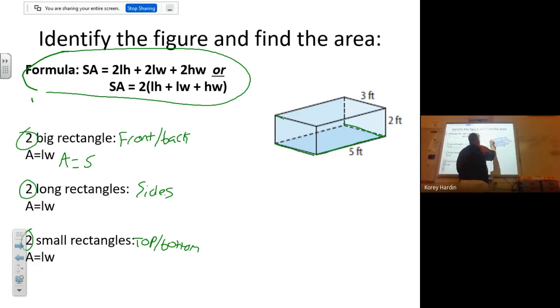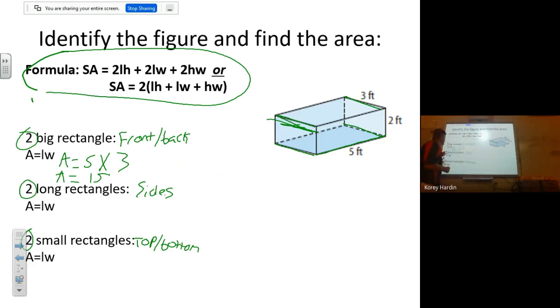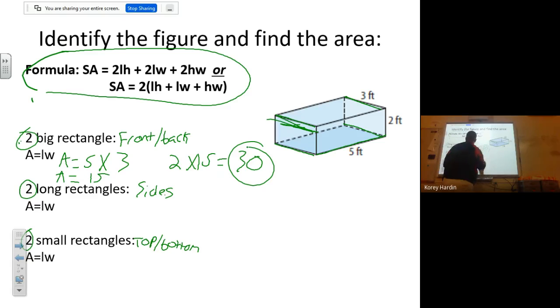However, I know the top is going to be 3 feet, so I'm going to multiply by 3. So area equals 5 times 3. Area equals 15. But wait, there's 2. So I have to multiply 2 times 15. 2 times 15 is going to be 30. So that's my answer for this one. Check it out.